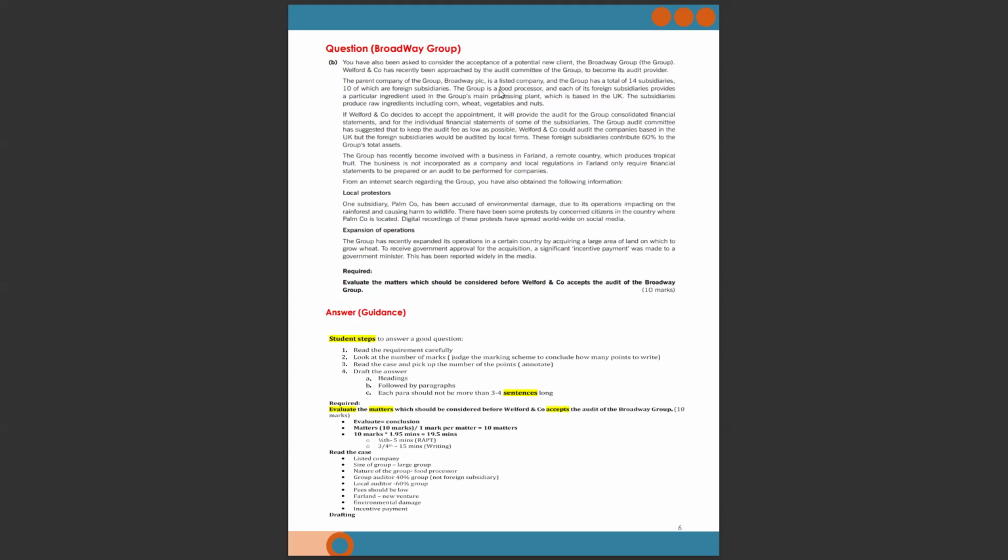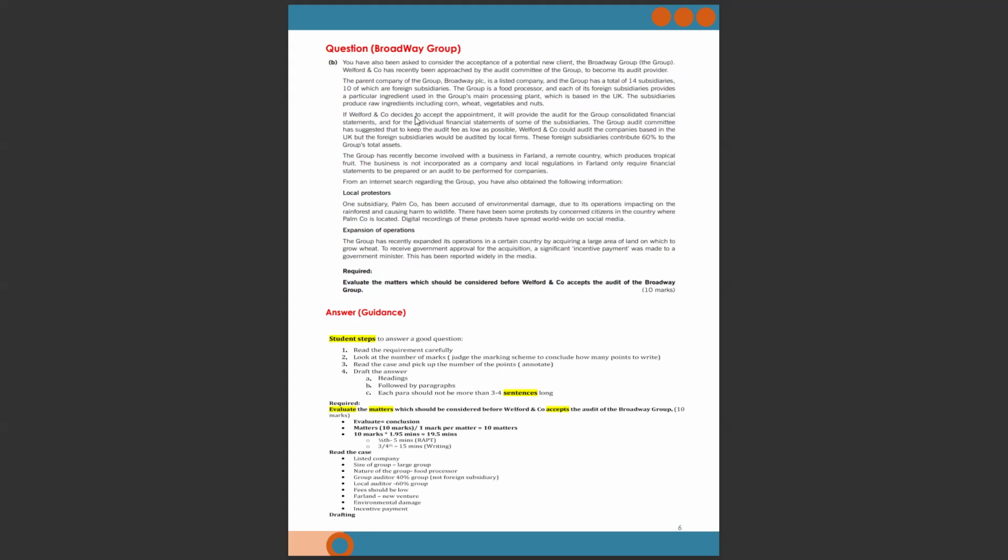The nature of the group is a food processor, so we have to ensure whether we have competency in auditing the food processor industry. And each of its foreign subsidiaries provides a particular ingredient used in the group's main processing plant, which is based in the UK. The subsidiaries produce raw ingredients including corn, wheat, vegetables, and nuts.